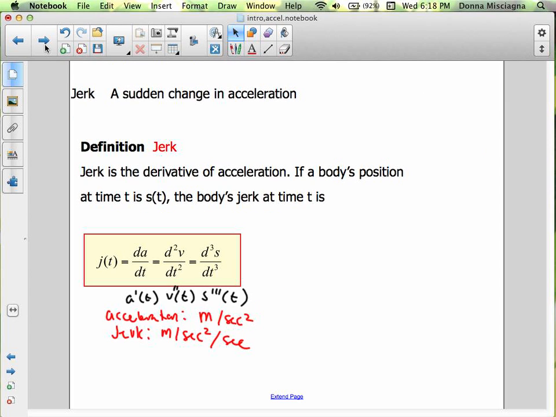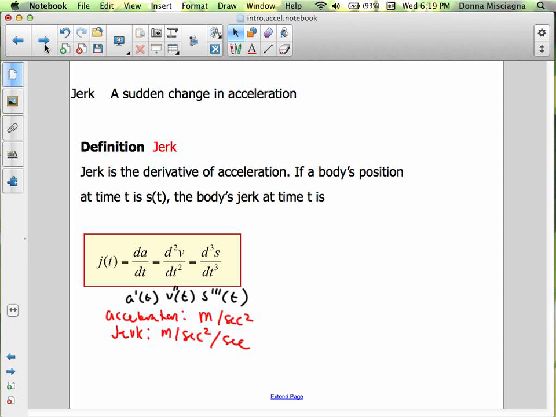All right, so the third derivative is called jerk. Jerk is a sudden change in acceleration. Velocity is a change in position, acceleration is a change in velocity, and jerk is a change in acceleration. And it tends to be very sudden. So jerk is the derivative of acceleration.